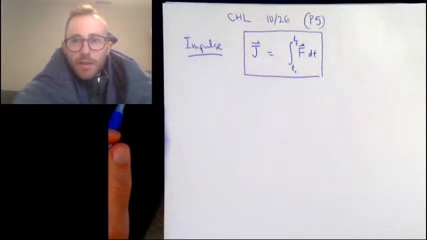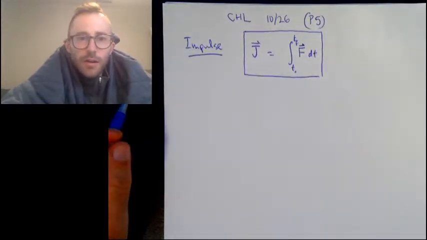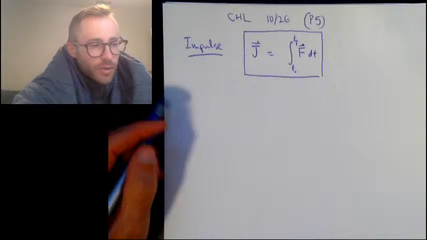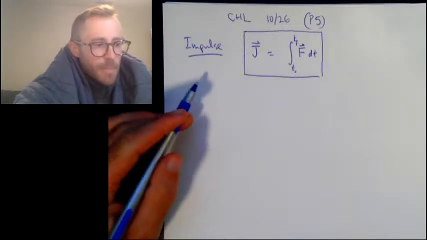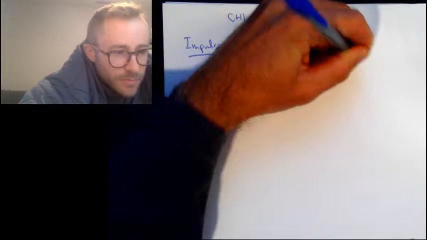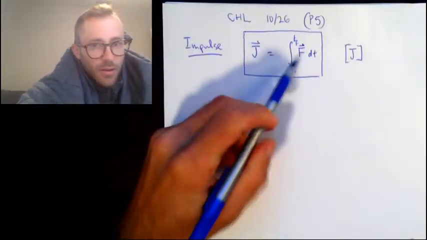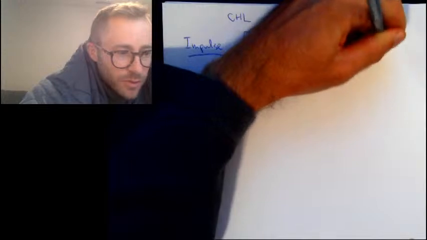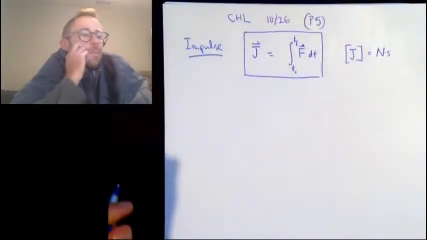Now, the units of impulse are force times time. So Newton seconds are the units of impulse.